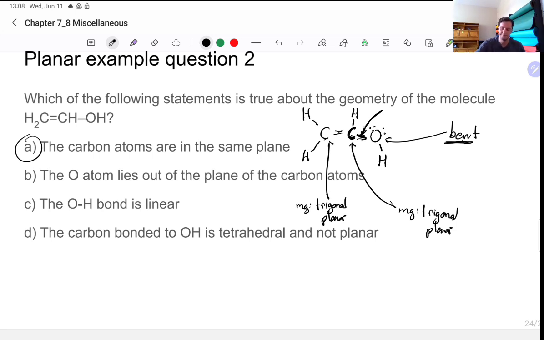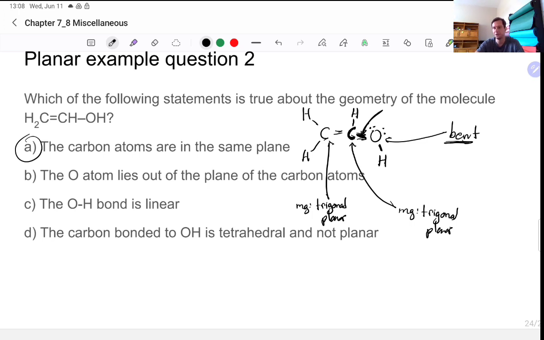Okay. But we can see that this is still a trigonal planar bond between the carbon and the oxygen there. So because it's a trigonal planar bond, then it's still going to be in the same plane. But the hydrogen is not going to be in the same plane as the carbon. But relative to the carbon, that oxygen is in the same plane because it's a trigonal planar bond. Even though the oxygen's bent.